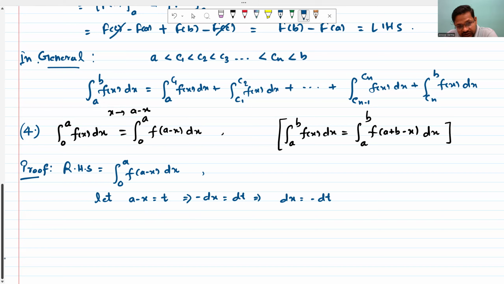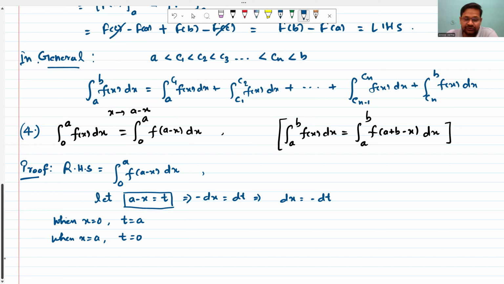According to this substitution, the limits also change. When x is equal to 0, t is equal to a. And when x is equal to a, t becomes 0.